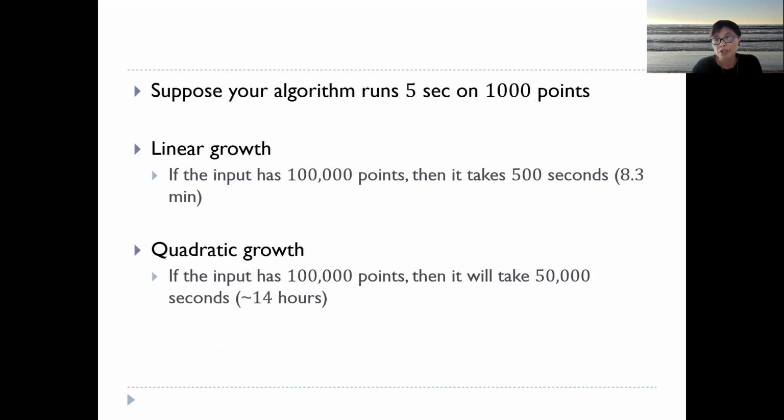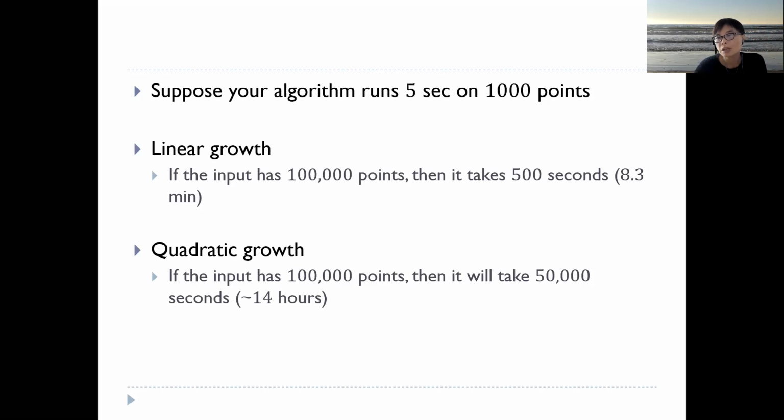Okay, so just to give you some idea, even though the difference doesn't look large when it's n squared versus n, in practice this can make a significant difference, okay? So imagine that you have an algorithm that runs on an input size of 1000 points, and it runs in 5 seconds.